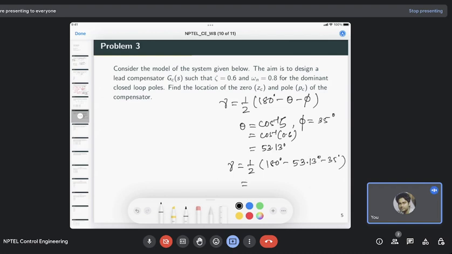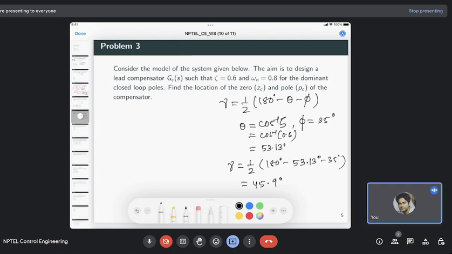So 180 degrees minus 53.13 minus 35, divided by 2, gives 45.9 degrees. Okay, so this is the gamma angle.